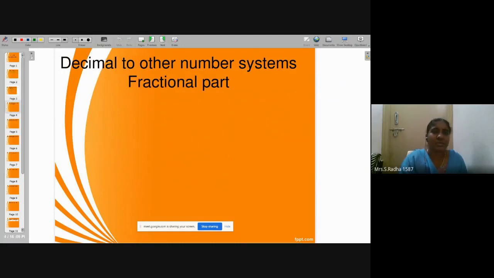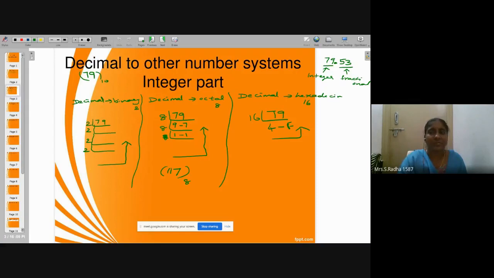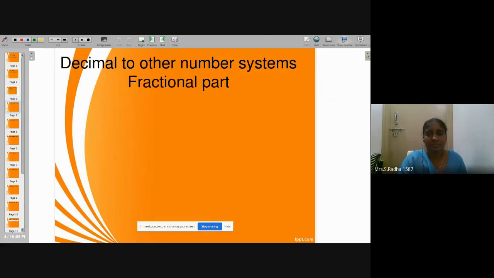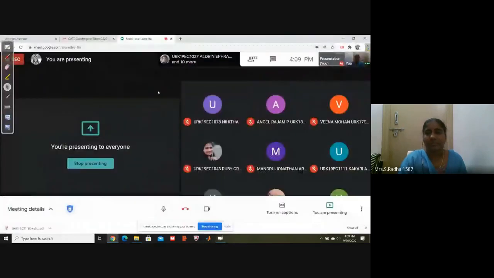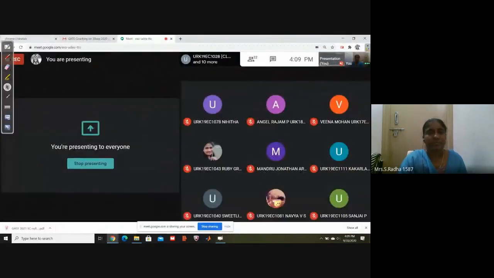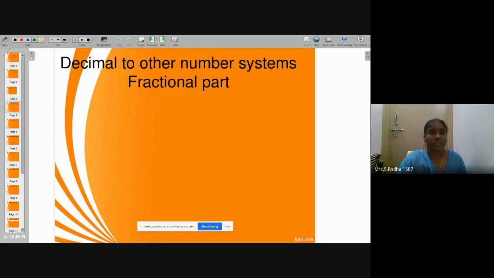Next, I am going to decimal to other number system, fractional part conversion. I have the number in the previous slide. I have taken the number 79.53, so the fractional part is 0.53. My decimal full number is 79.53.